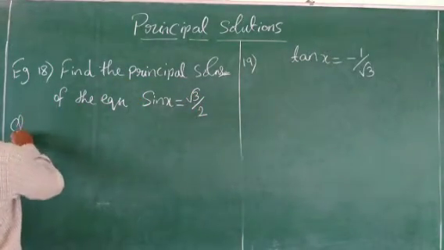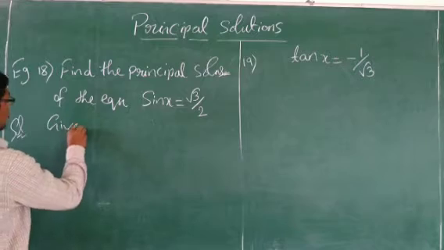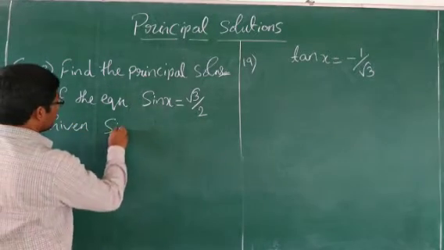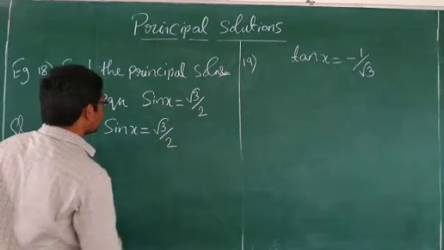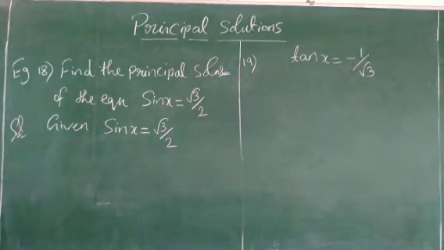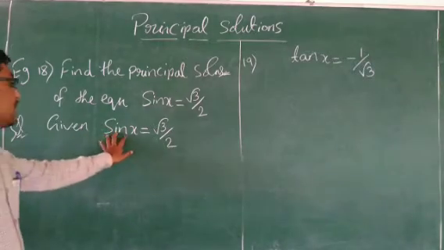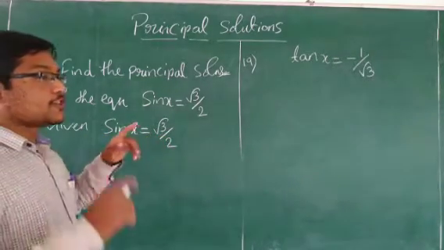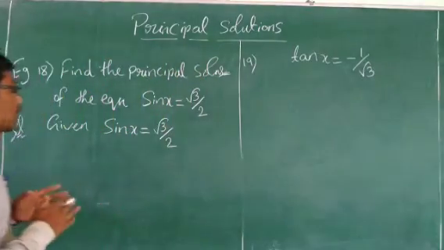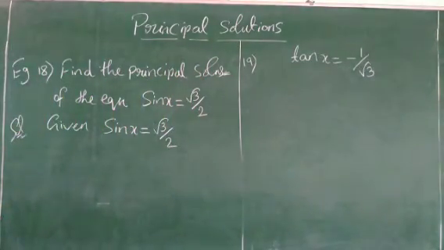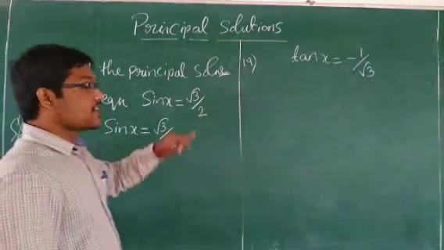So the solution: what is given? Sin x is equal to root 3 by 2, that is positive. First we should observe whether it is positive or negative. Now it is positive. Now think in which quadrant you get sin positive.